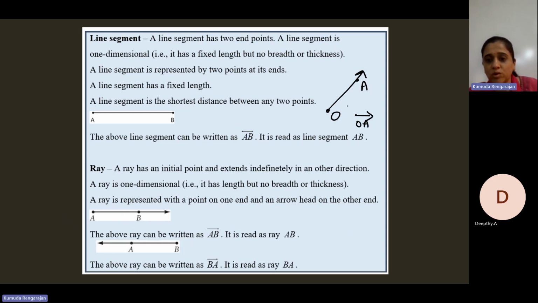This point is O, this point is A, and this symbol is a point on one end and an arrow on the other end. So when we say ray OA, the ray starts from here and extends indefinitely in the other direction.